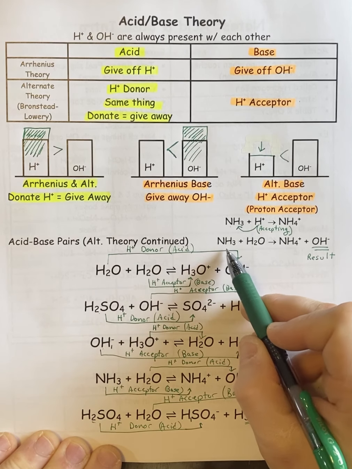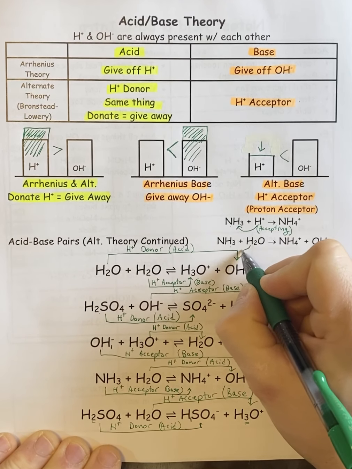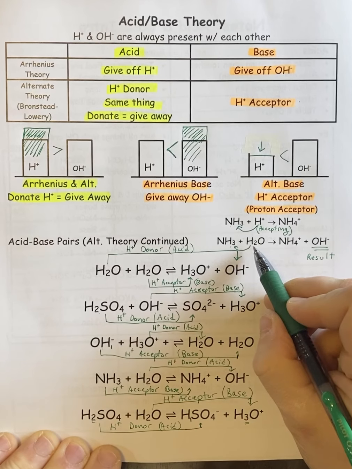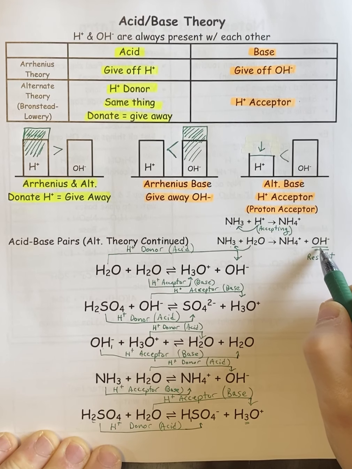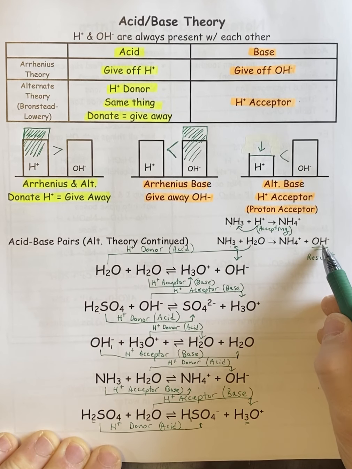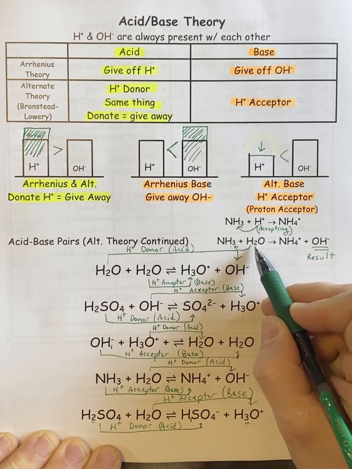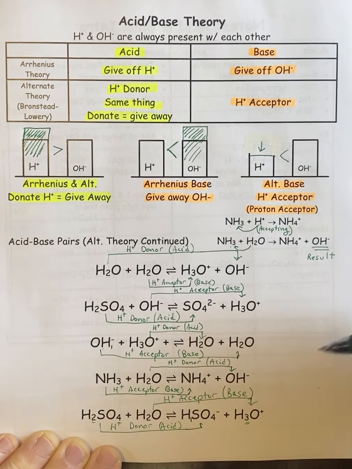The NH3 in water gets the H plus from the water itself, turning the H2O into just OH minus as a result. So basically, NH3 produces OH minuses because it gets one of its H's from water, leaving it as OH minus, which makes it a base. So that is an alternative. That's what the alternative bases actually do. That's what was happening to pretty much all of these as a result.